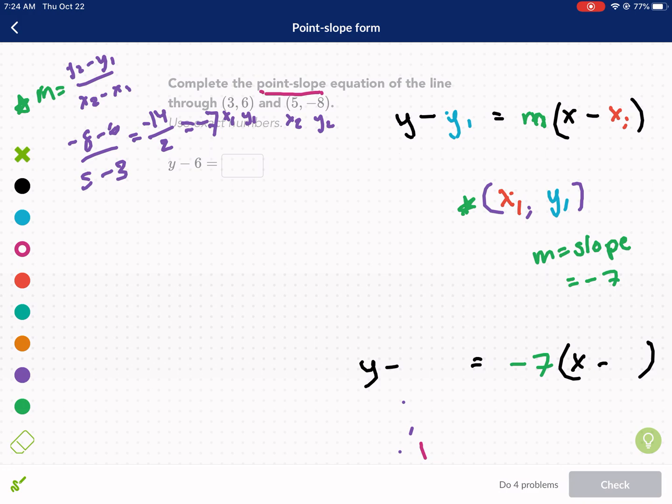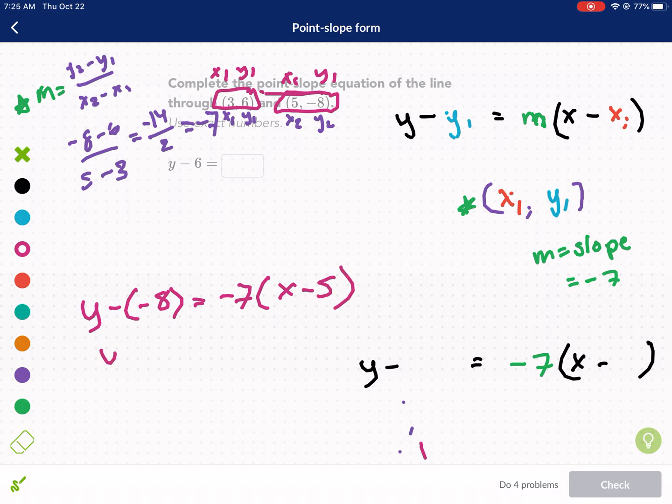We could technically choose either 5, negative 8 as our x1, y1, or we could choose 3, 6. It doesn't matter if we don't have any other information. We could easily write y minus negative 8 equals negative 7, that's our slope, times x minus 5. Simplifying, we end up with y plus 8 equals negative 7 times x minus 5. That could easily be our point slope equation.